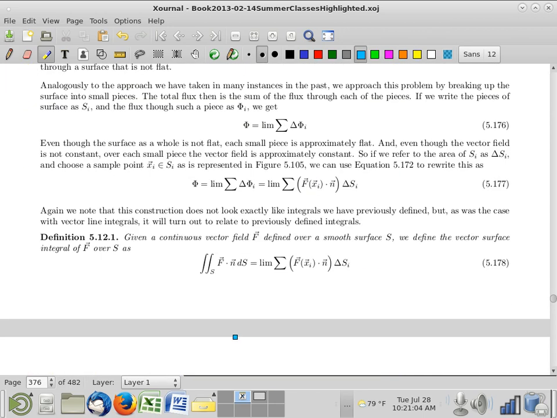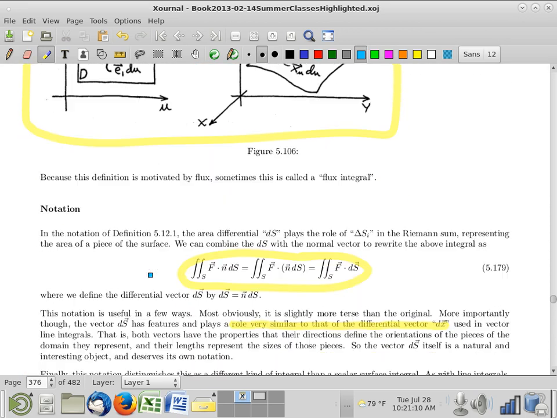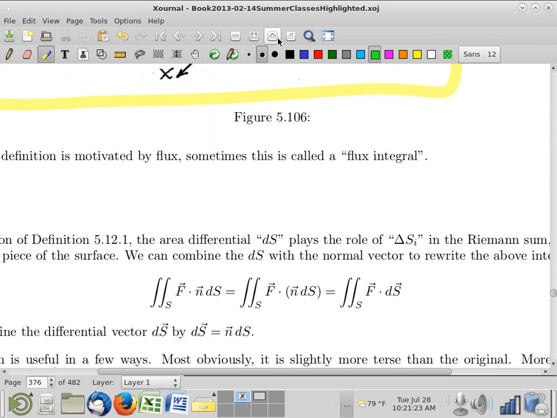Now, a notational twist. That object, F dot N dS, I'm going to rewrite that a little bit. We had thought of it as F dot N times dS.